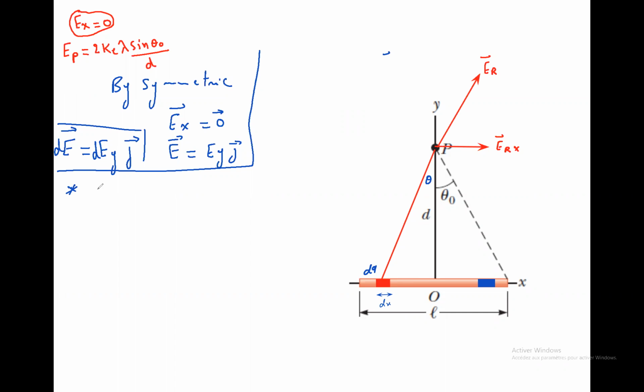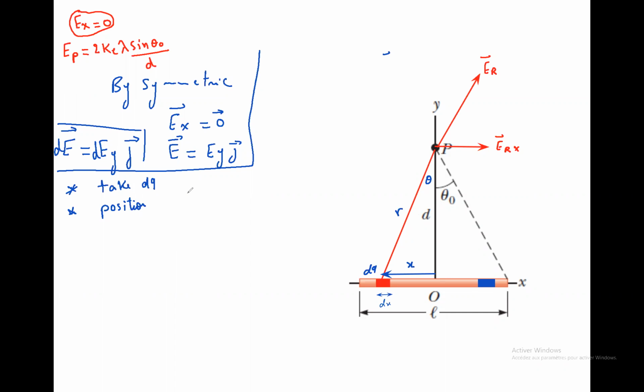First of all, we take dq. Second, we find its location or position. We have to precise the position of dq, its position as a function of O. It's located at a distance, we can say x. Here we have x, the height equal to D, and let's say here we have r.